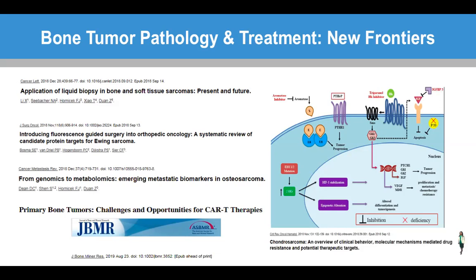With molecular medicine studying targeted drivers for the diseases, we have new therapy called targeted therapy. And in addition to that, we also have immunotherapy now.